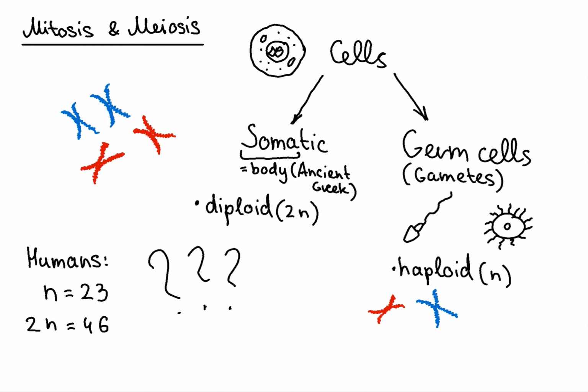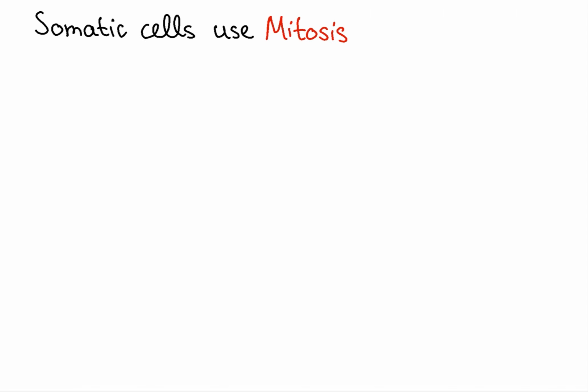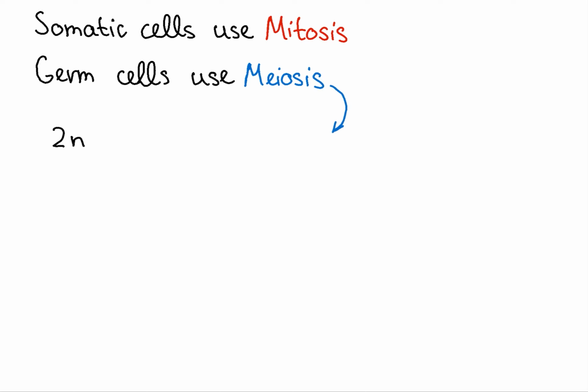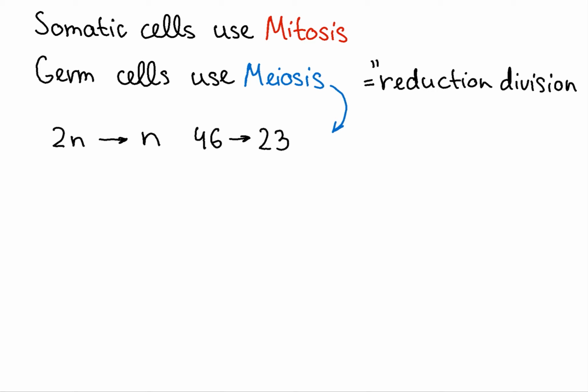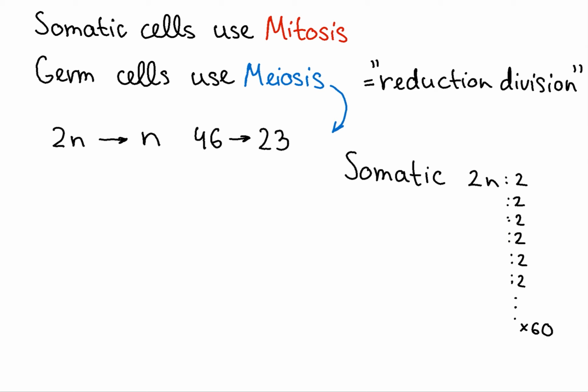Well, the first difference between mitosis and meiosis that we can define here is that somatic cells use mitosis for cell division, whereas germ cells primarily use meiosis for this purpose. And it is not a coincidence, because in the process of meiosis, the number of cell chromosomes gets reduced by half, which is not optimal for the somatic cells that can undergo up to 60 cell divisions during their lifetime.